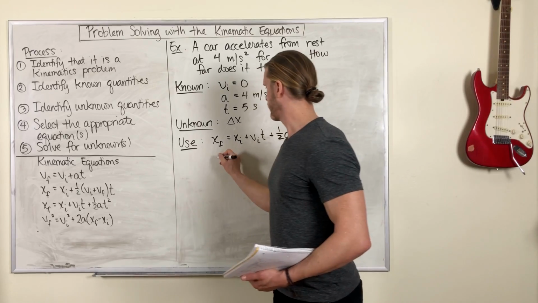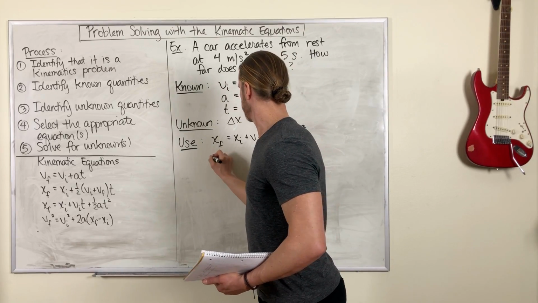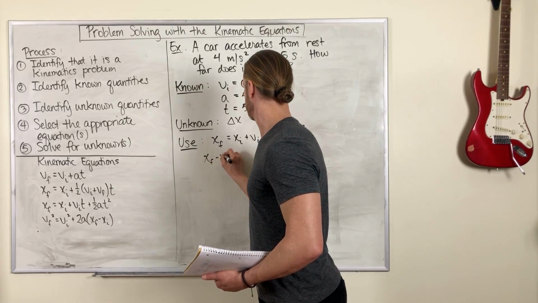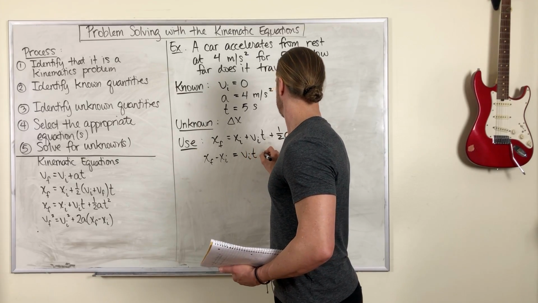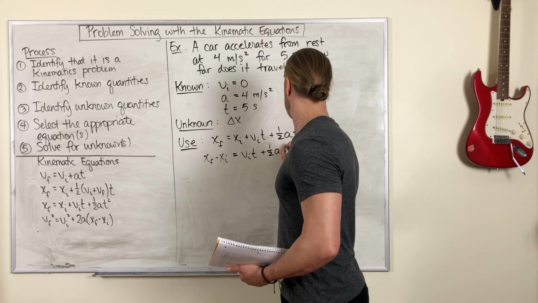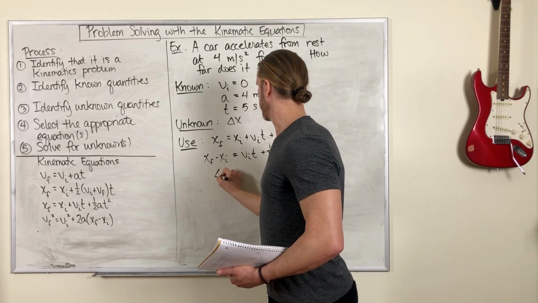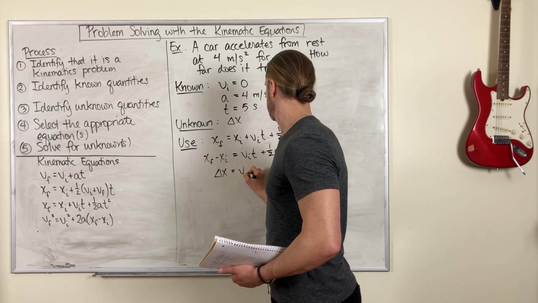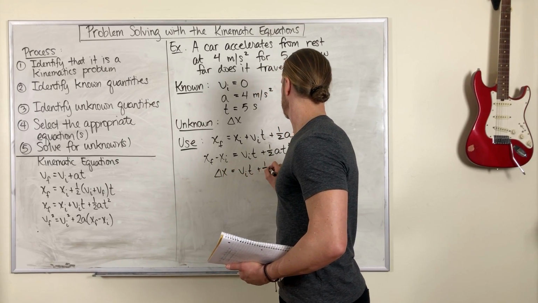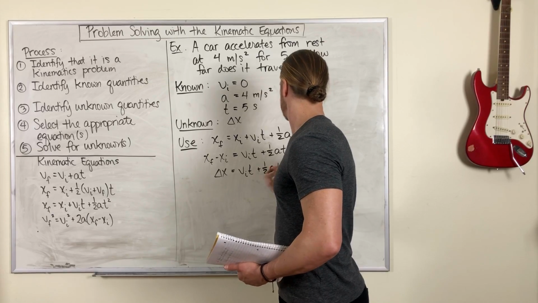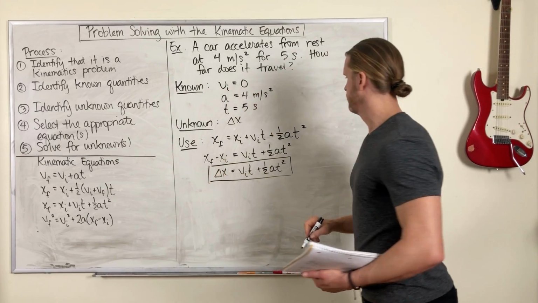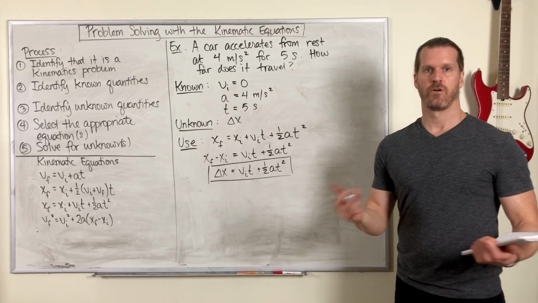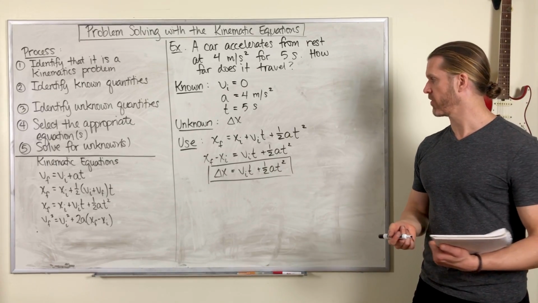We do one tiny step of algebra. We subtract x initial from both sides, because that gives us delta x. And that's our general solution to the problem.